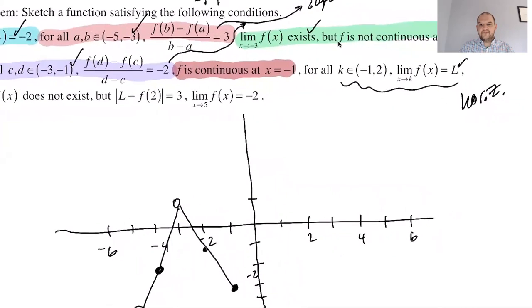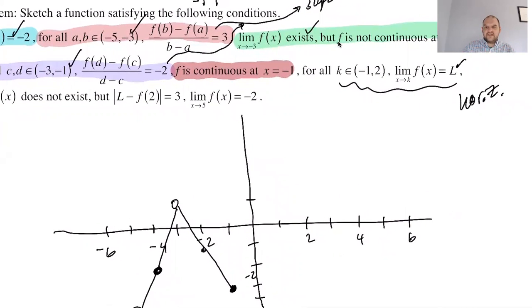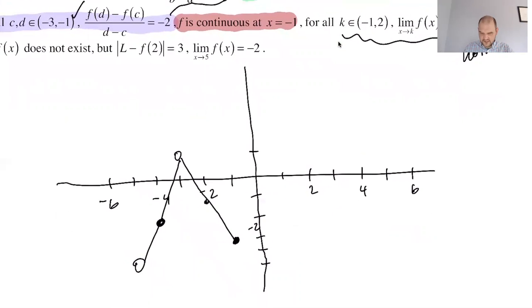So f is continuous, which means that f of -1 is definitely equal to -3. And then between -1 and 2 it's always the same thing. We said that means it's a horizontal line. So if that's going to be true, because the function is continuous, the limit from the right has to be equal to -3. I think what we can do is go straight across here.